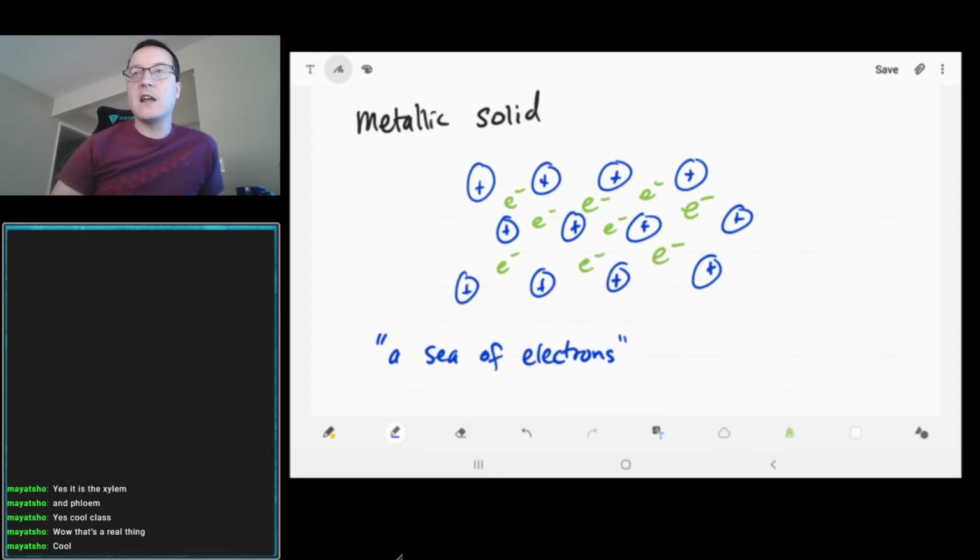It's kind of just an ocean of electrons that move continuously between different atoms. And so that's why metals tend to be solids as well, because their electrons are loosely held, so they can just hop over to other nearby atoms.